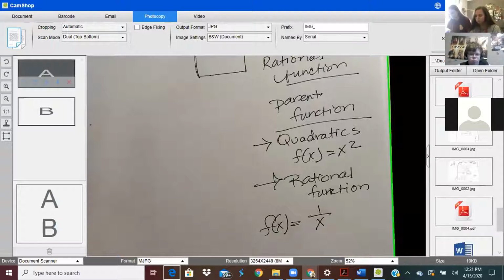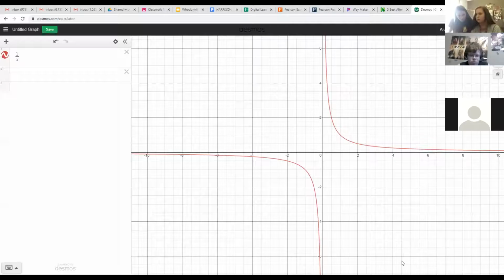And so if I show you the Desmos, when you're graphing a parent function, look at Desmos and what do you see? What's something that really jumps out at you? They're opposite.